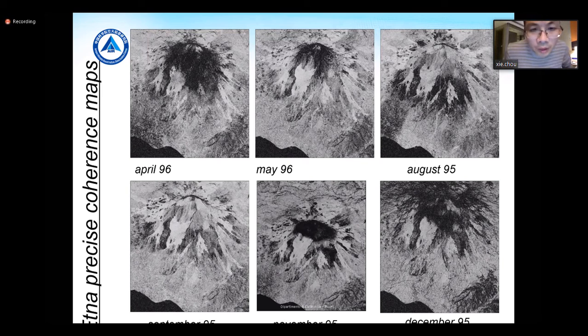We can find that at different times, different areas have different coherence. If we mosaic them together, we can use it to classify different ground targets.